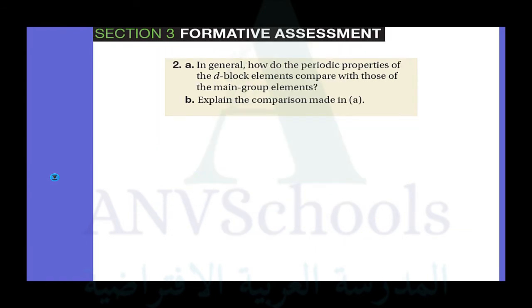In general, how do the periodic properties of the d block elements compare with those of the main group elements?